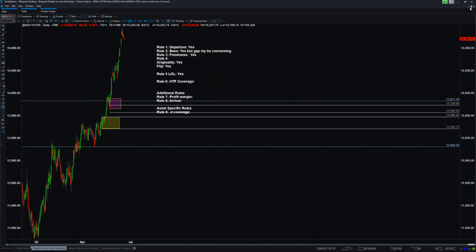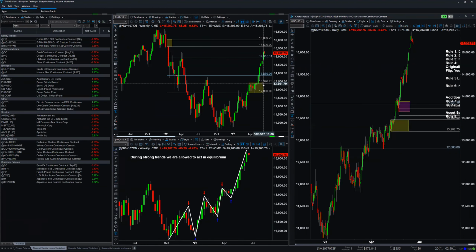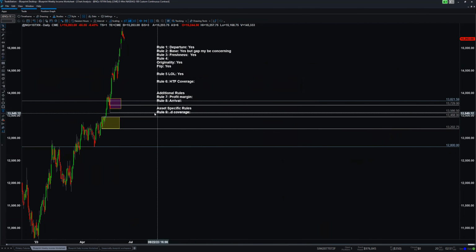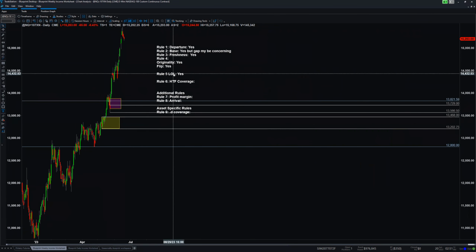What about higher time frame coverage? Well, higher time frame starts at 13,400. So 13,400 is here. So my lower level is covered. However, my upper level is not.